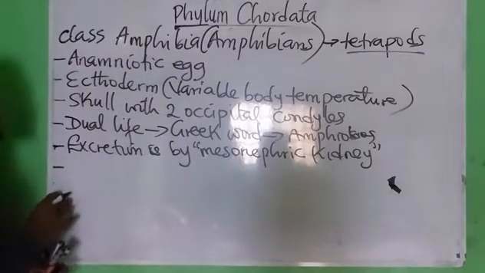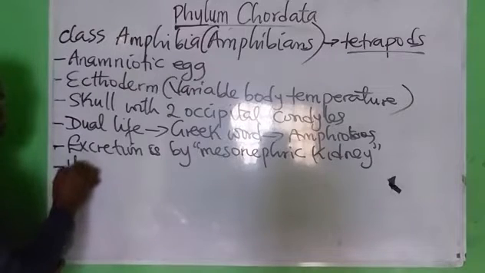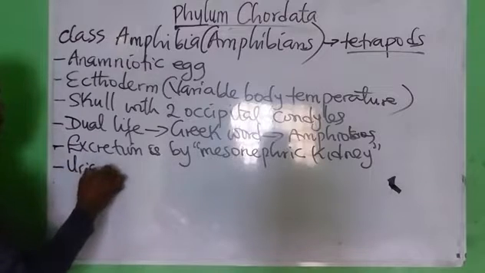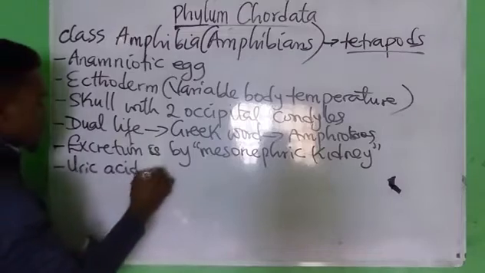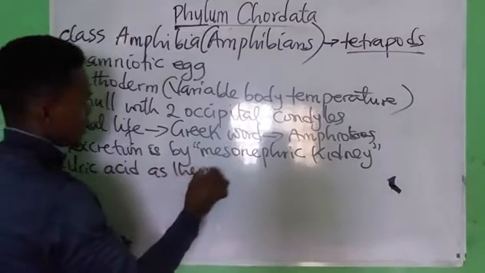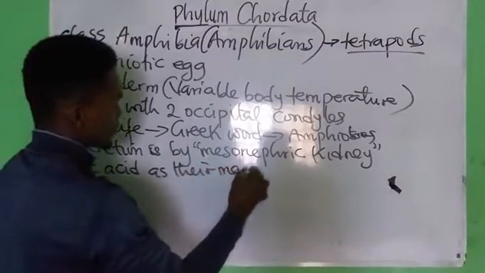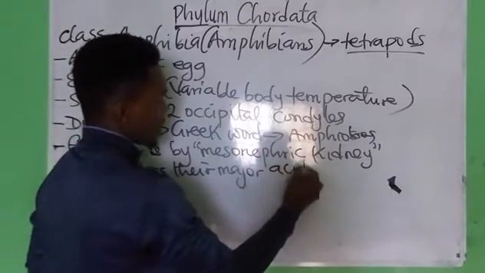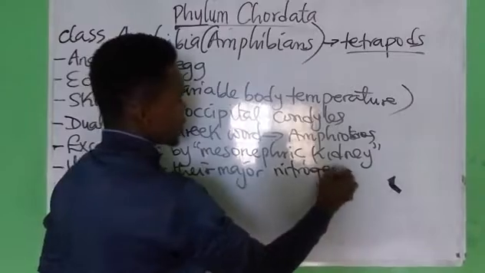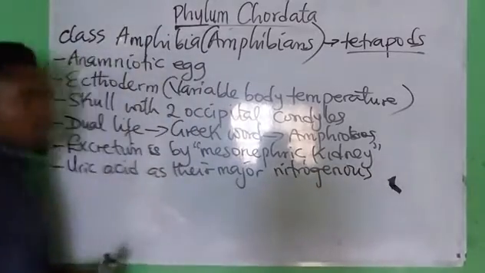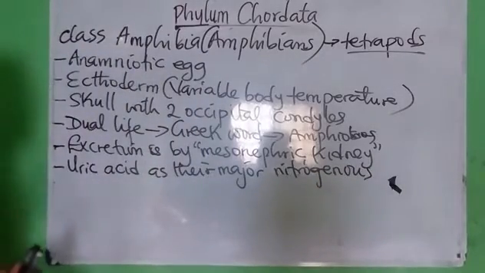Another feature of the amphibians is that they have uric acid as their major nitrogenous waste. Please take note of that.